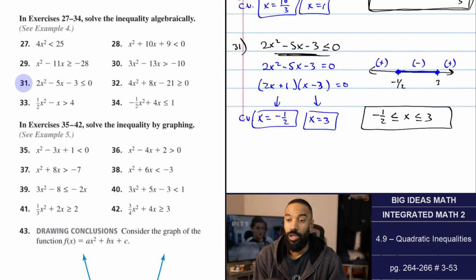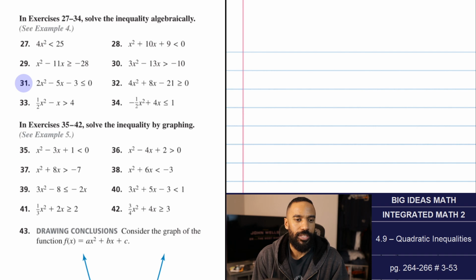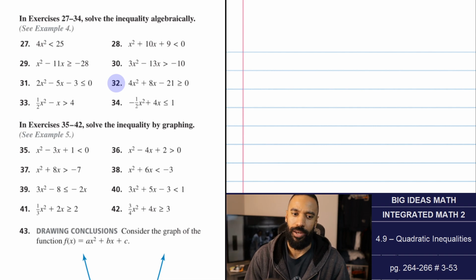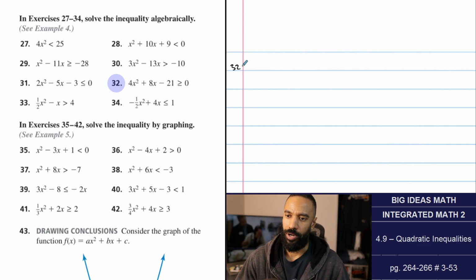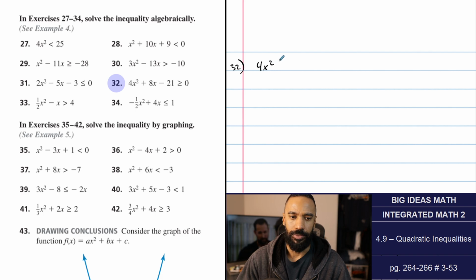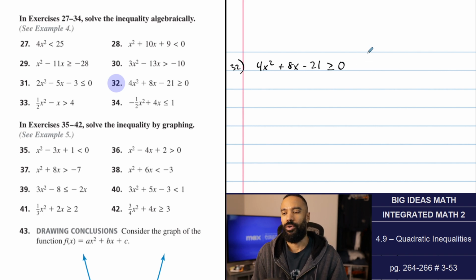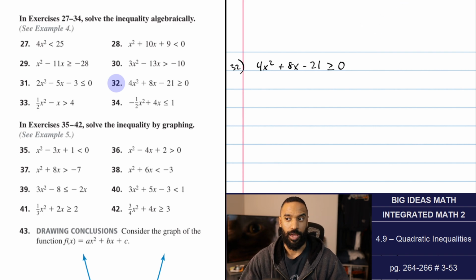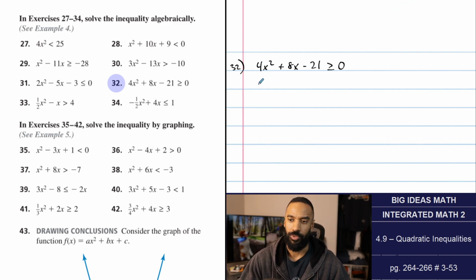Okay. All right, number 32. 4x squared plus 8x minus 21 is greater than or equal to 0. Okay, no greatest common factor. I legit do not know if it's factorable yet.